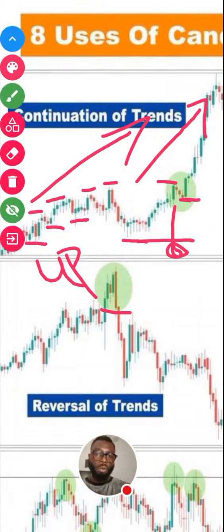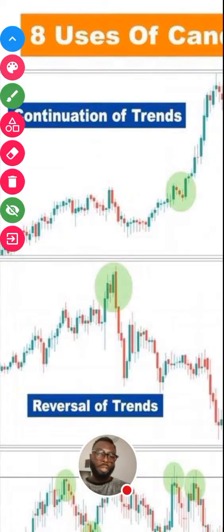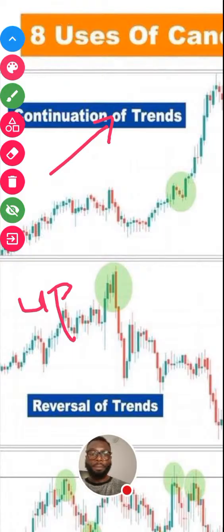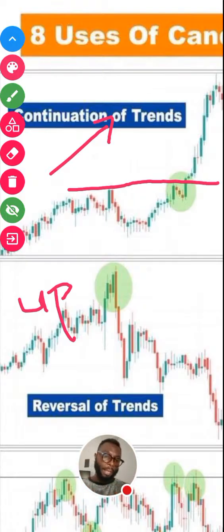The second thing to confirm a continuation of a trend, which, as I said, we have an uptrend here. You have a zone around here. Mind you, a market must make new highs. Those new highs must break the previous high. That is what tells you that you're still holding an uptrend.